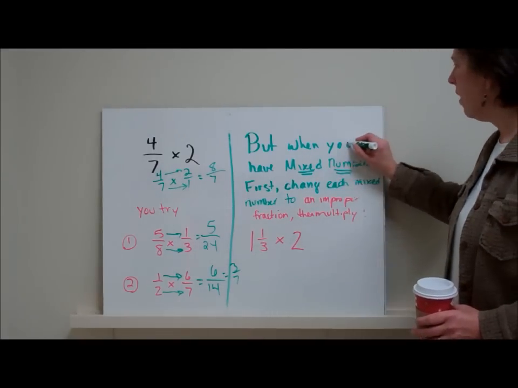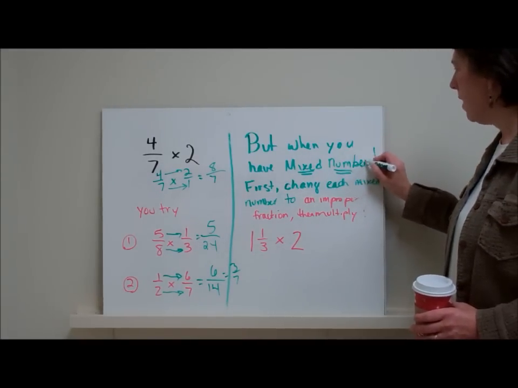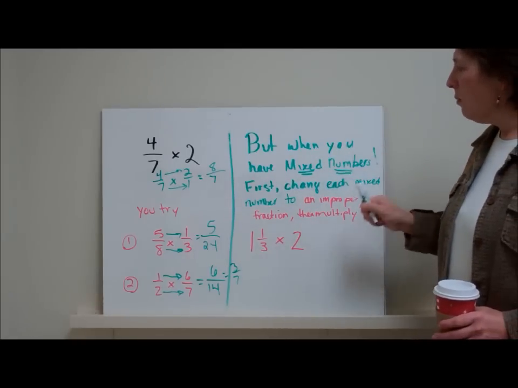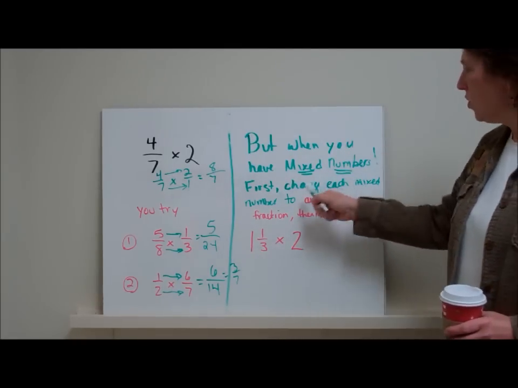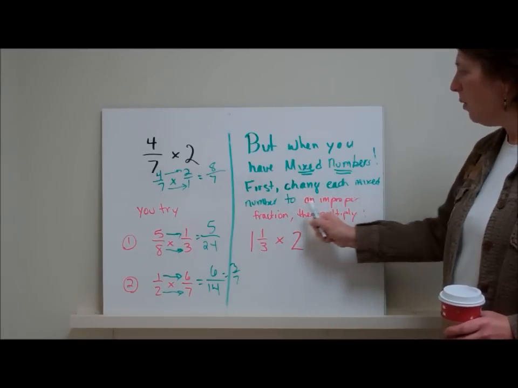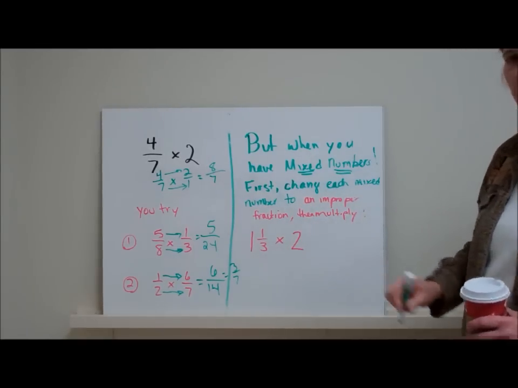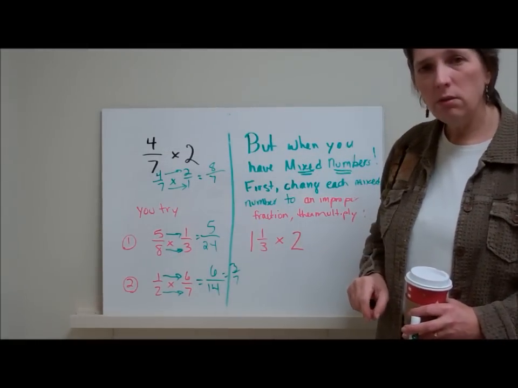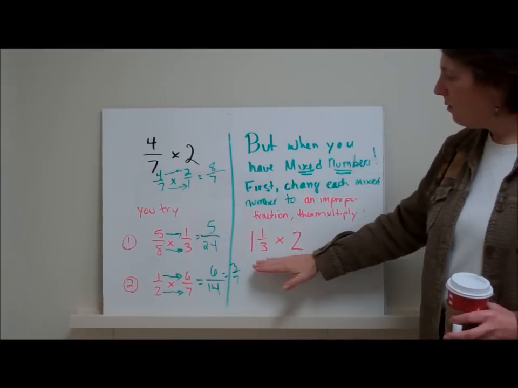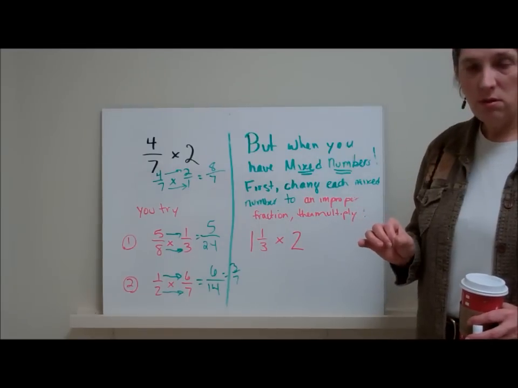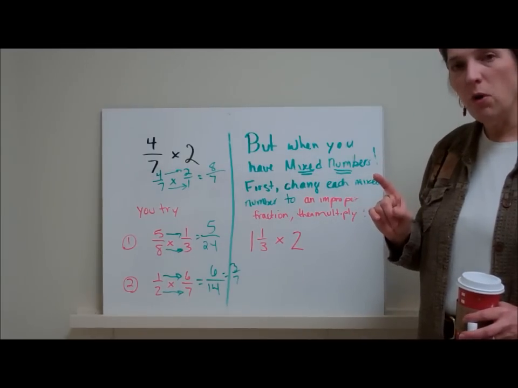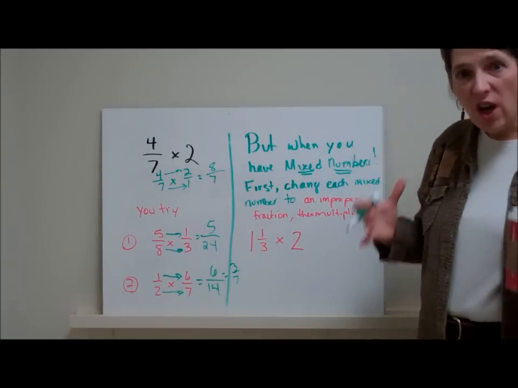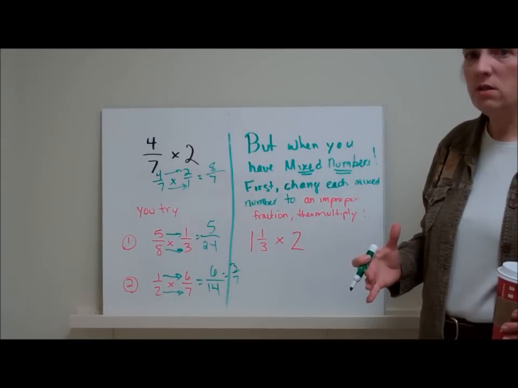Now, over here, though, it kind of got smudged when I set up my boards. When you have mixed numbers, first you change each mixed number to an improper fraction, then multiply. Isn't that what we did over here with the whole number? Yeah. So now, whenever we have mixed numbers, the first thing we do when we're multiplying or dividing is we change them to improper fractions.